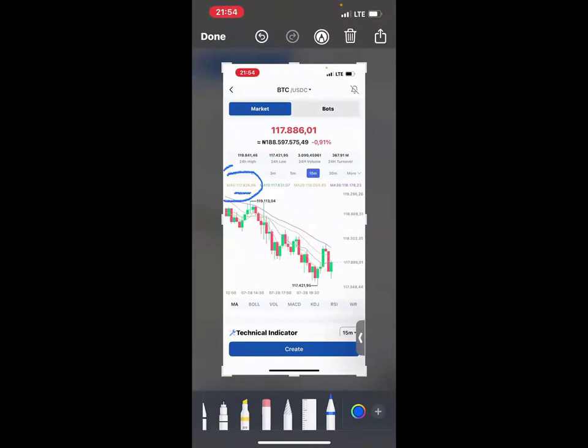The price of the asset is what I'm underlining beneath, and the MA stands for moving average, the 5 is the last 5 candles. I would have been able to explain this better on TradingView, but I will try my best to explain this to you.